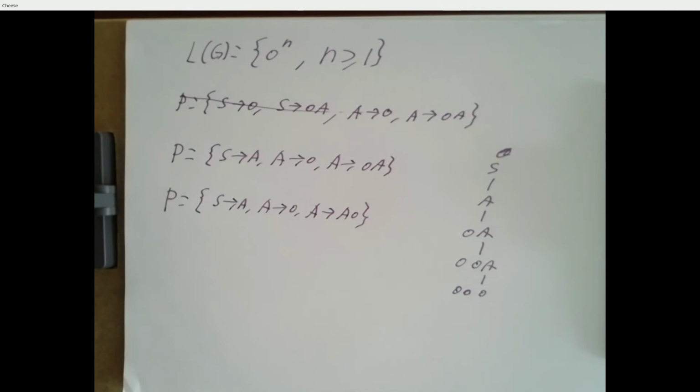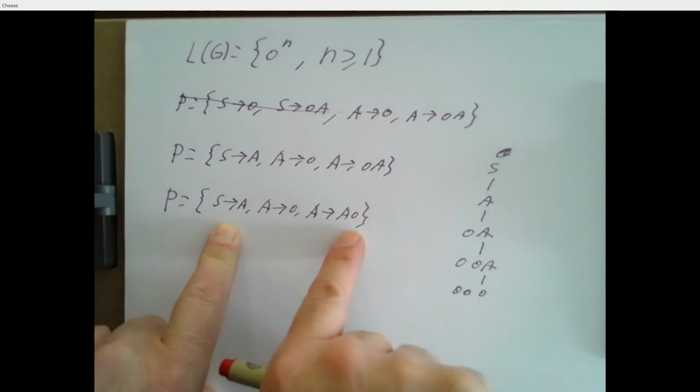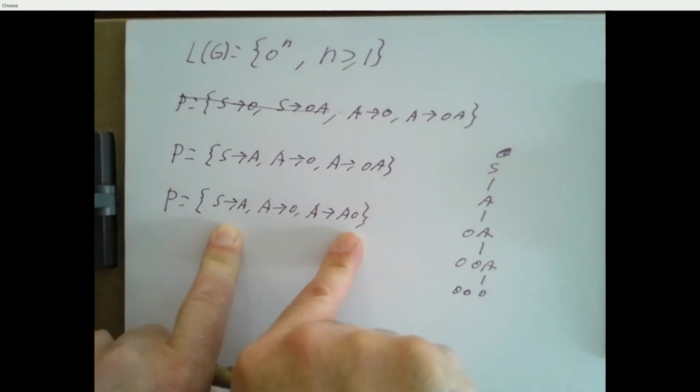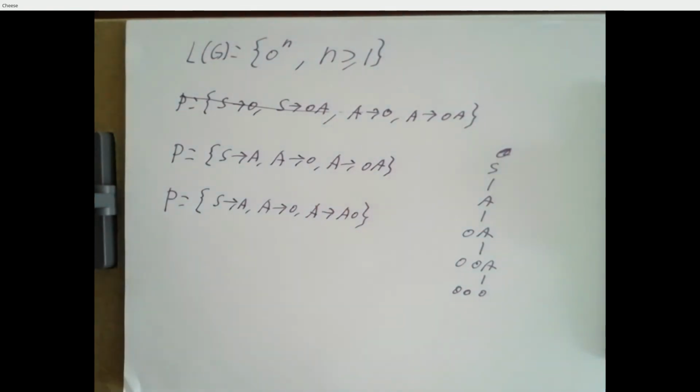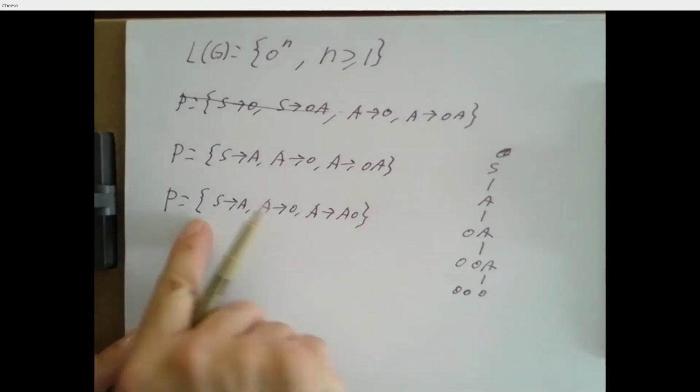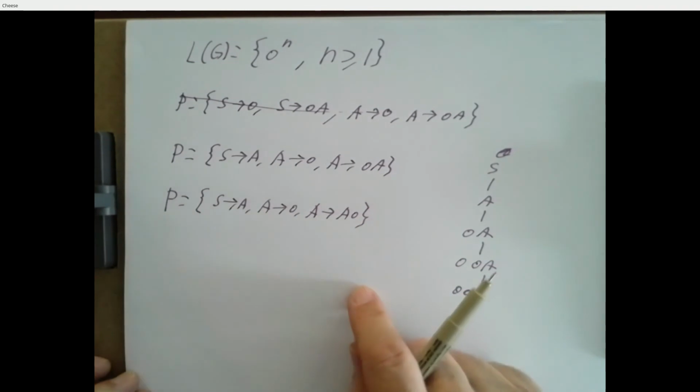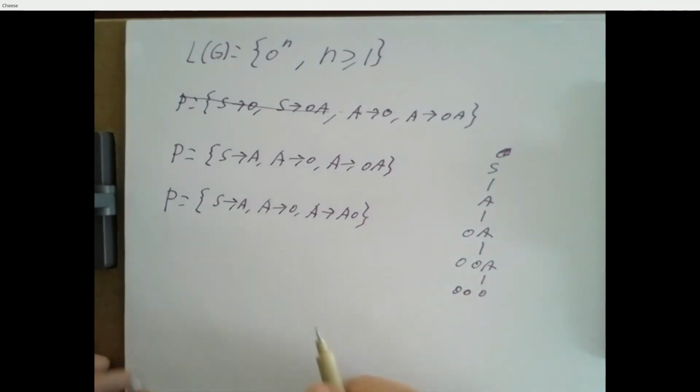All right, exactly the same, except my last production rule says A goes to A followed by a 0. Okay, so here's why I'm going to say we should probably avoid this type of production rule. So imagine you're writing code that's going to take a string and see if these production rules get you from the start symbol to that string, right?